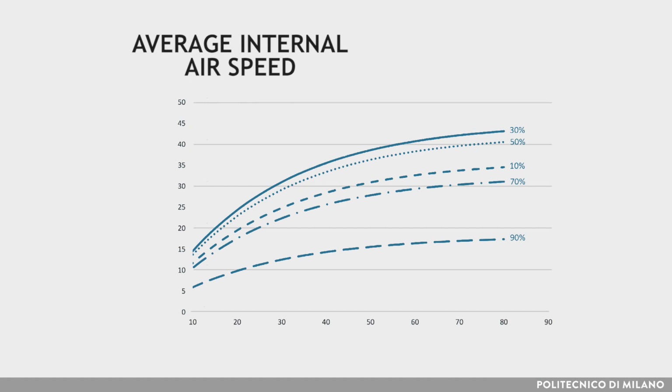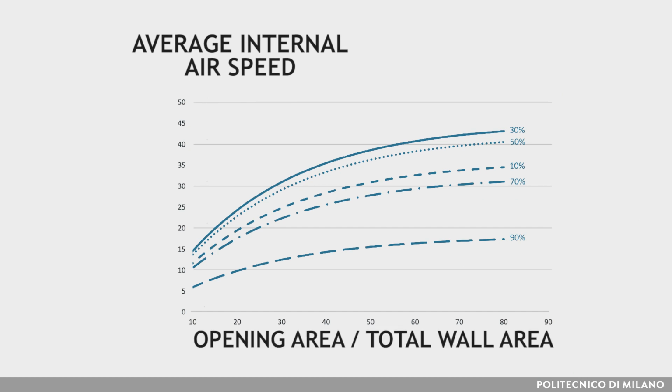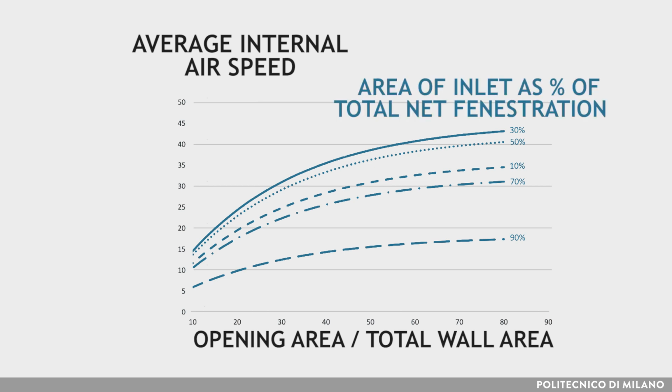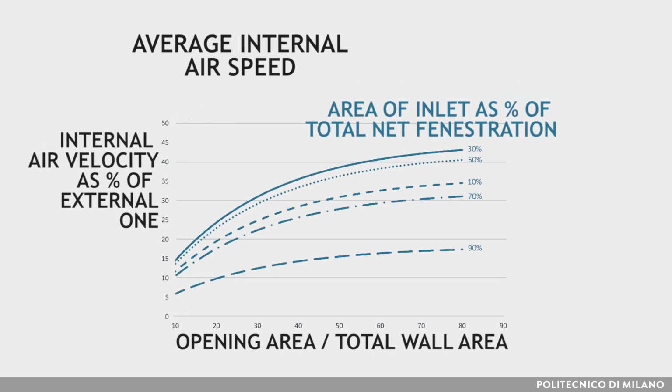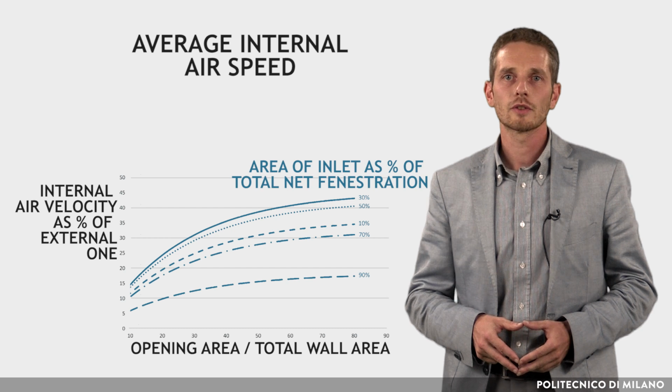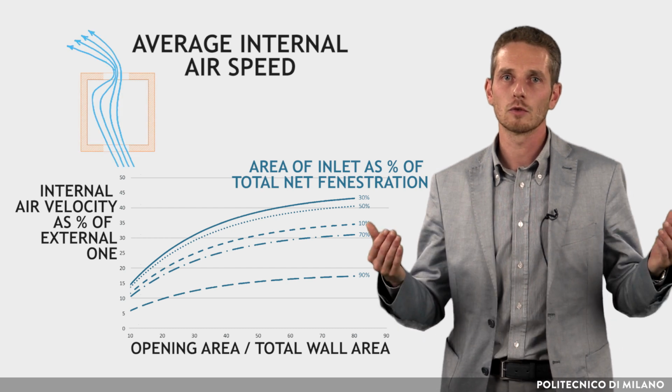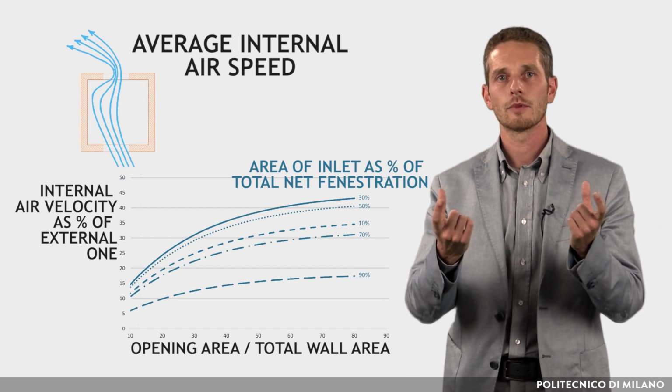The graph shows the relationship between the opening area over the total wall area, the ratio between inlet and outlet opening area, and the internal air velocity as a percentage of external wind speed. It refers to a cross-ventilated room with two center opposite openings.